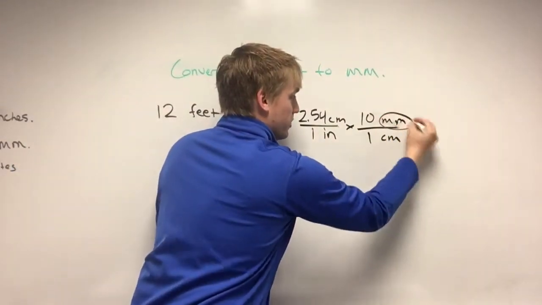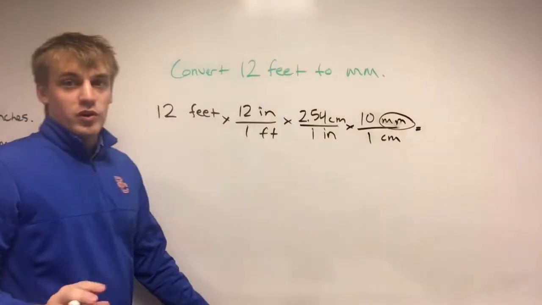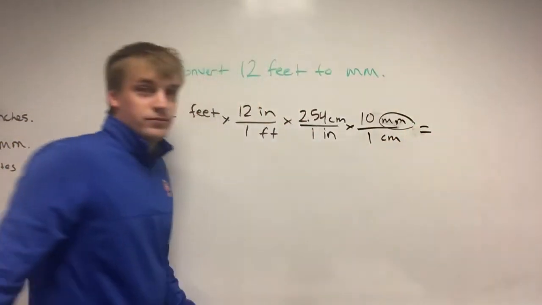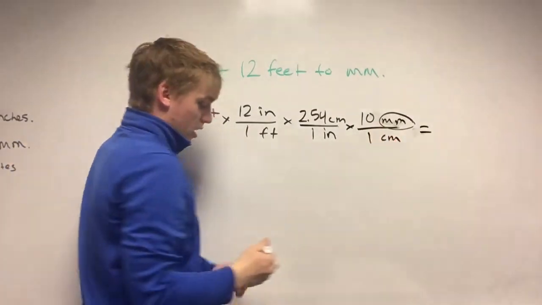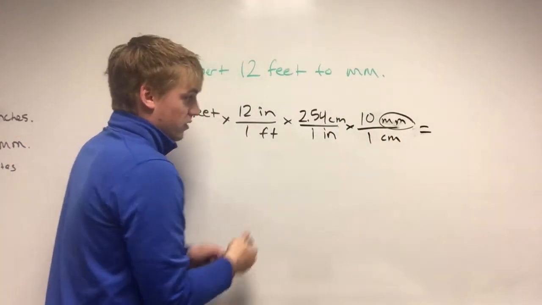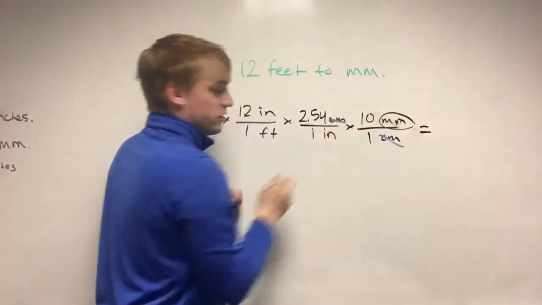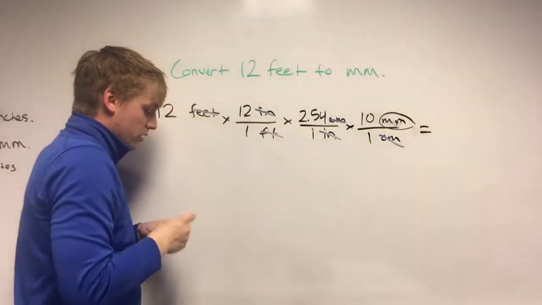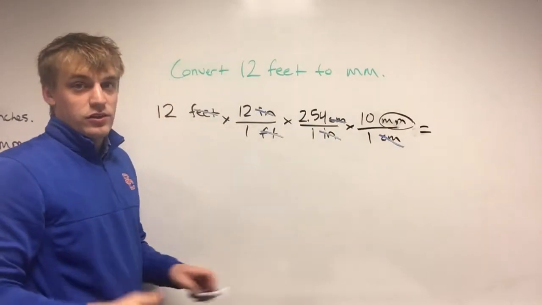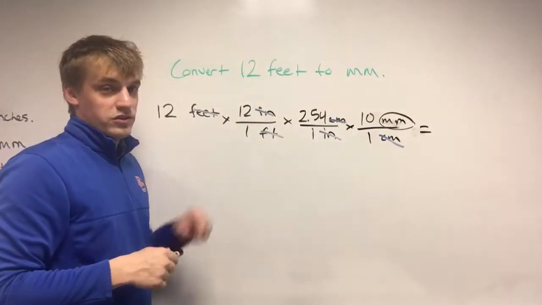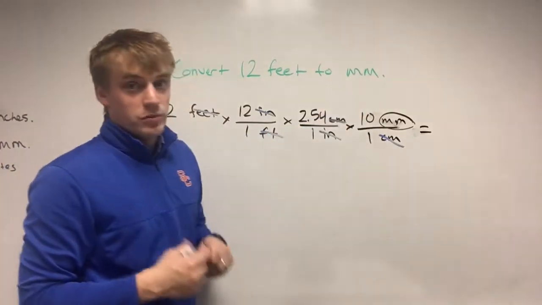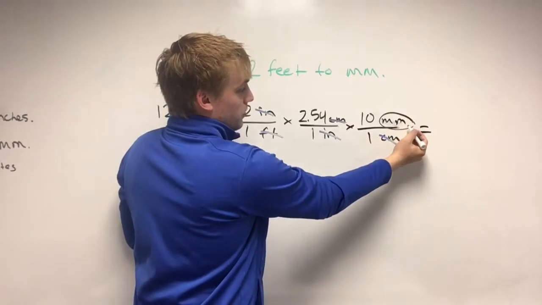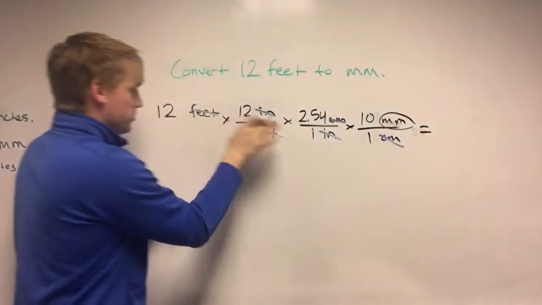But we're to millimeters, so we can stop, put our equal sign, and go through and cross cancel our labels. So centimeters cross cancels, inches cross cancels, feet cross cancels. If that isn't the case, then you need to start over and do it again, because all of your labels except the one that you want should be cross canceled. Okay? So millimeters is left, so we're going to multiply across.